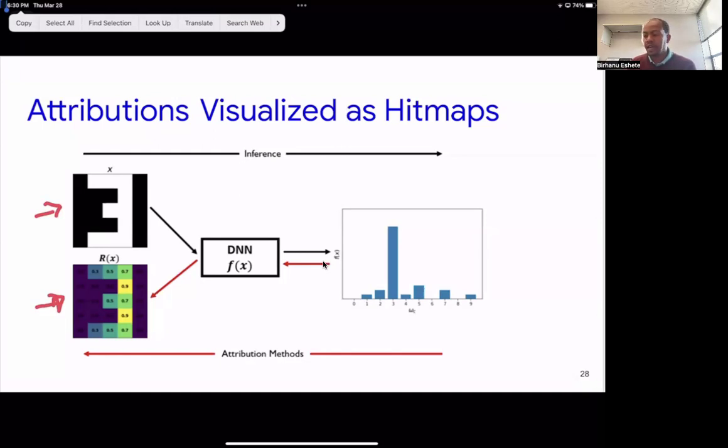For example, the yellow is the highest scores, and green seems to be the second highest, and so on. Those would be used to highlight the parts of the image through a heat map. And as you can see, the purple region here has very low scores, which corresponds to the black pixels on the original image of number 3. So you can also do attribution using heat maps, and heat maps are oftentimes pretty intuitive to look at because the region that is relevant is highlighted with high scores or a different color.